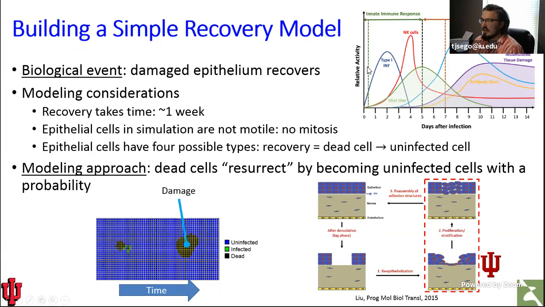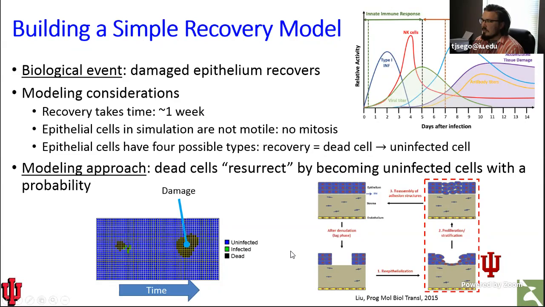Now, one of the complications with doing this in our current framework, and we're going to mess with this a little bit today, we have to consider the fact that for now, our epithelial cells in the framework are frozen. We've seen from the previous drug therapy scenario and in all of our simulations from the first workshop that the immune cells clearly move around, whereas the epithelial cells don't move.